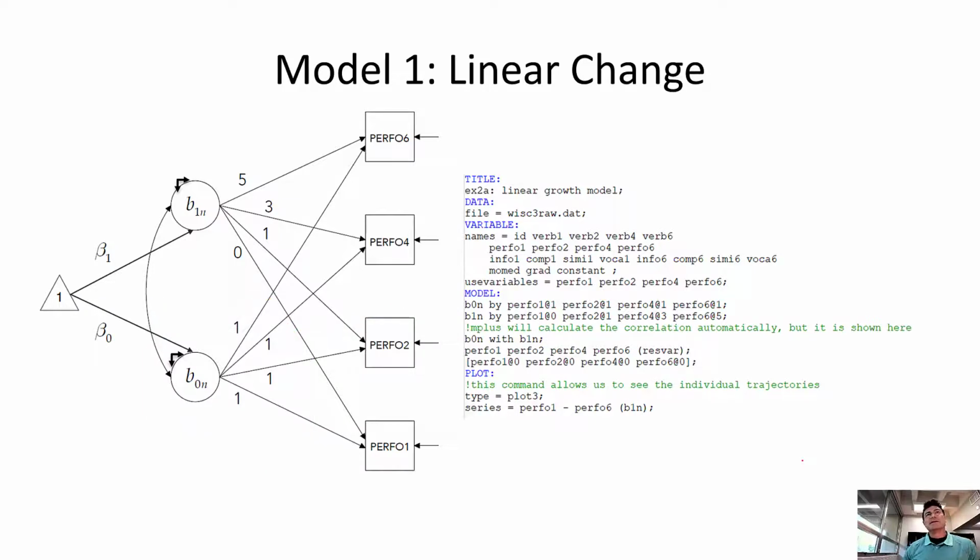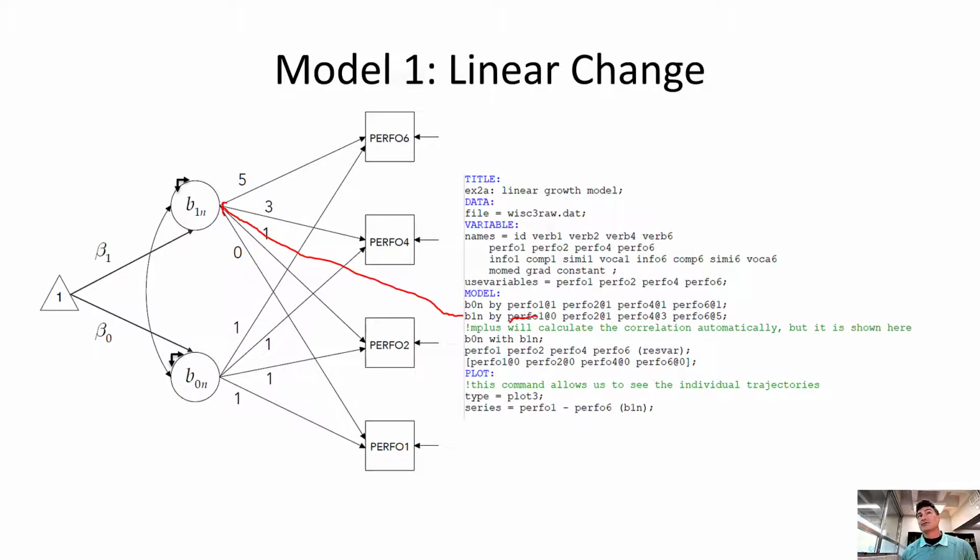What's being added is this line of code, and let me fix that a little bit. This line of code creates this extra factor, and we're going to call this slope. So the slope is indicated by that first grade WISC performance set at 0.